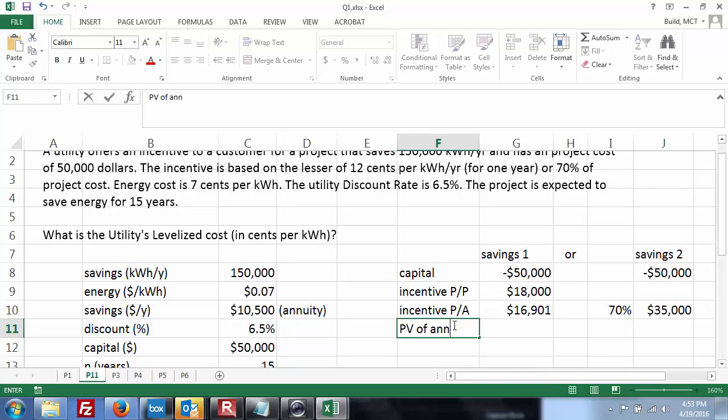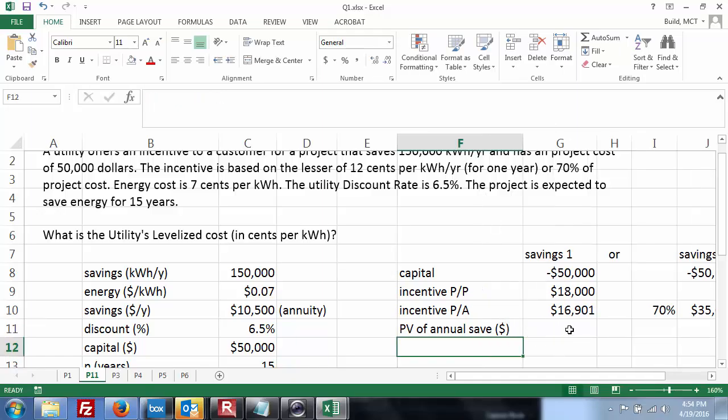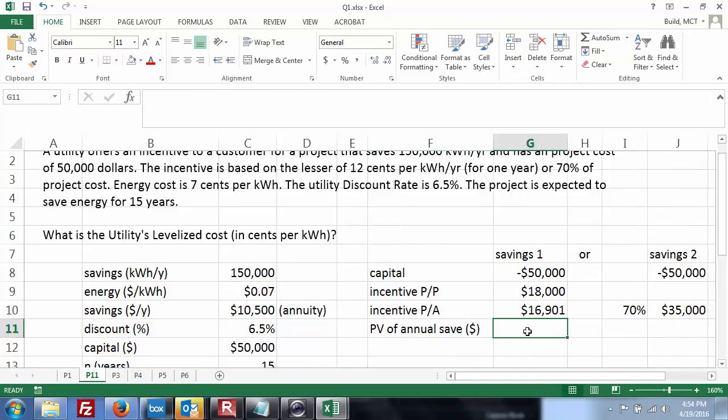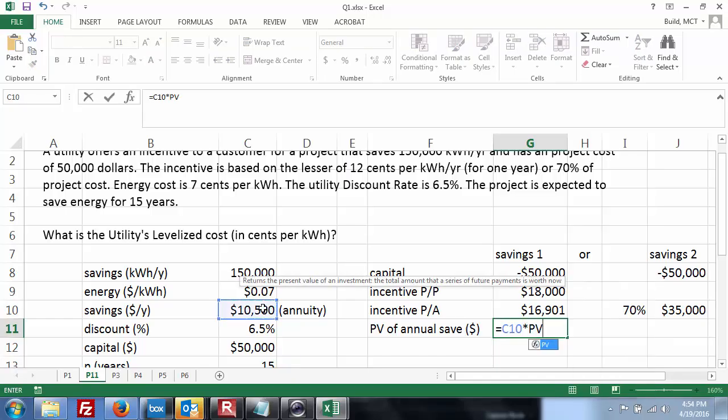PV of annual savings equals, so the annual savings is this, times PV, open paren, number of periods is 15.